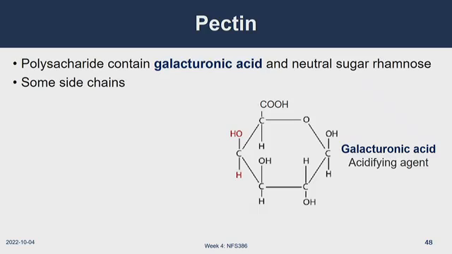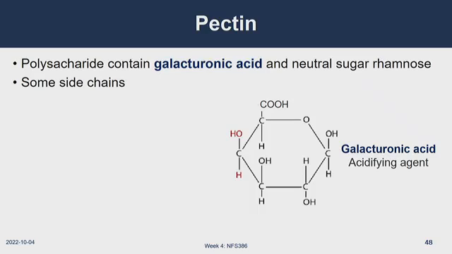Imagine the same thing as the starch structure, like amylose, a long chain, but here there are a few ramifications where we have rhamnose, and we can have other sugars, but the main one is galacturonic acid.